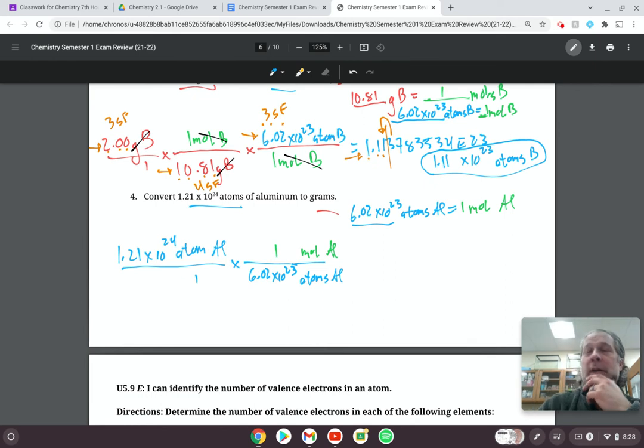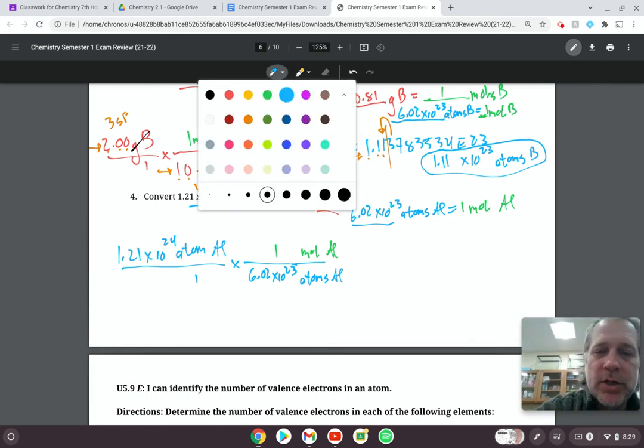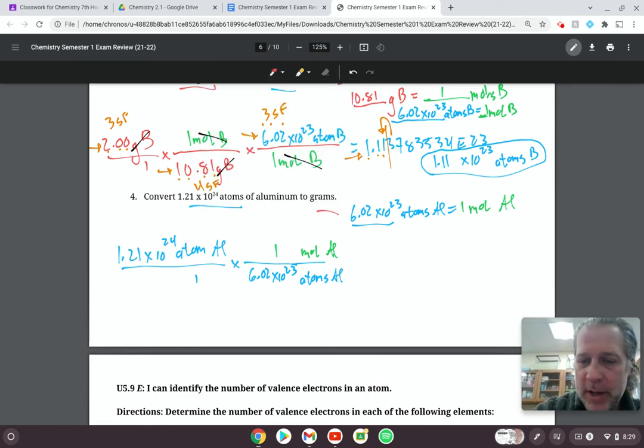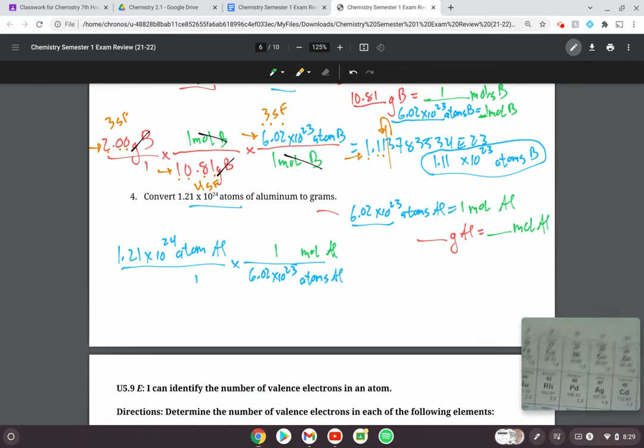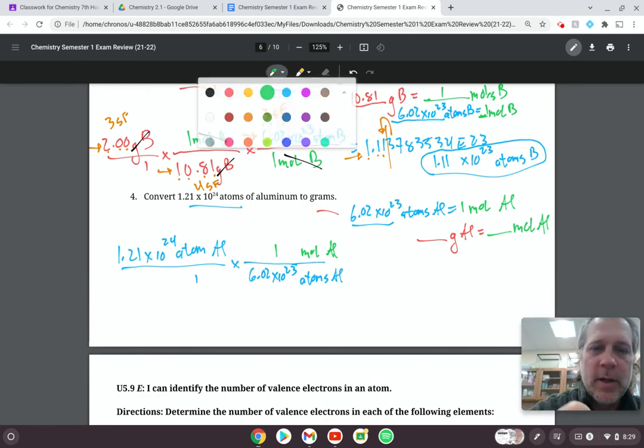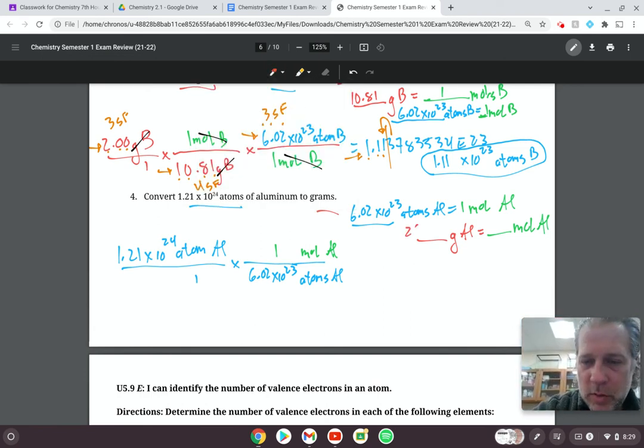Okay, so now I need to continue going down the path to grams, and we know that the relationship between them is the molar mass, right? So we're looking for grams of aluminum and its relationship with moles of aluminum. So if I grab my periodic table, I'm going to see that aluminum is right there. It has a mass of 26.98 grams. So that's going to be 26.98 grams of aluminum is equal to 1 mole of aluminum.